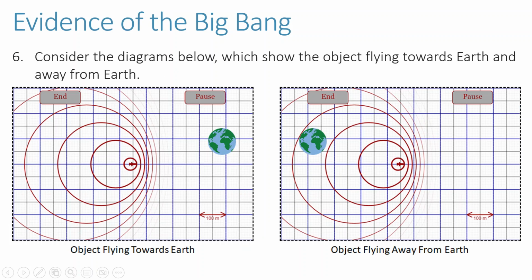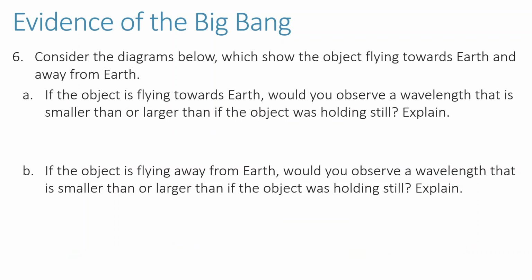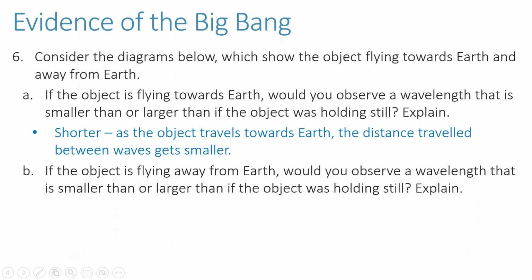So question 6, we have two pictures here. One is showing an object flying towards Earth, and the other is showing an object flying away from Earth. If the object is flying towards Earth, we would observe a wavelength that is shorter than what it would be if the object was holding still, because as that object travels towards Earth, the distance traveled between waves gets smaller.